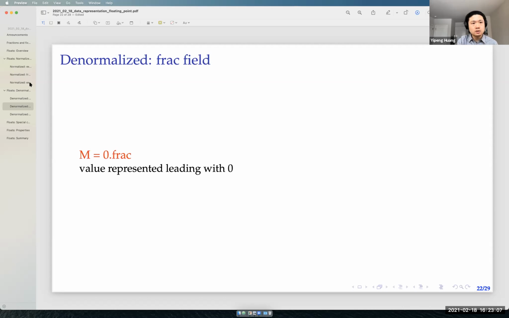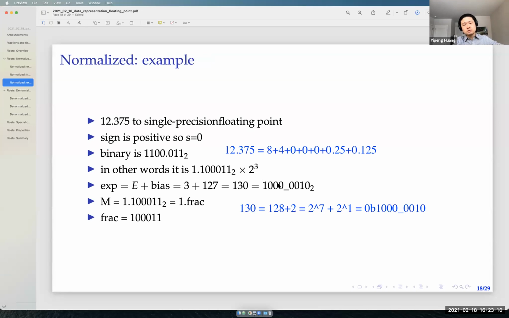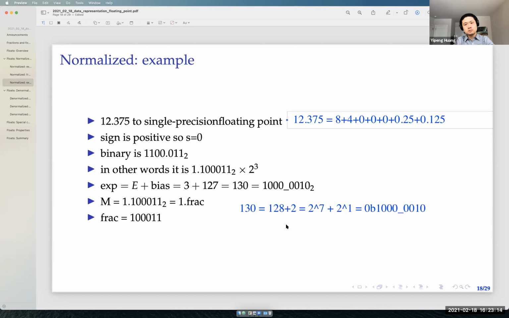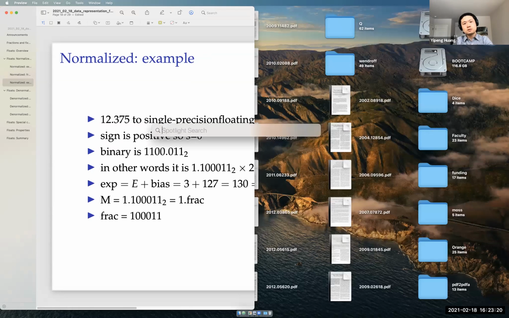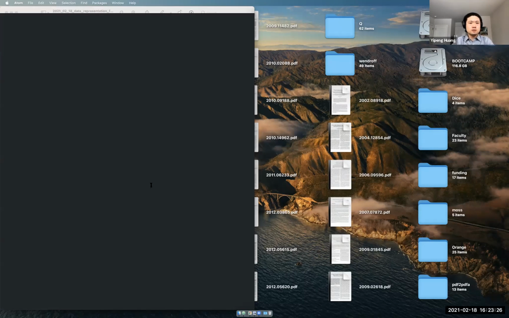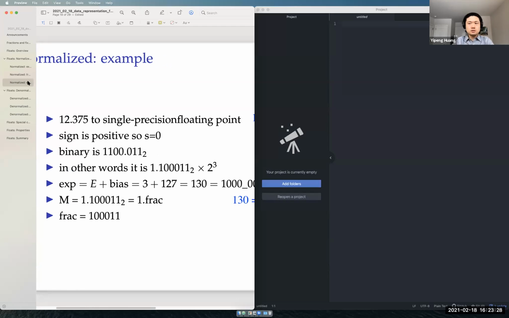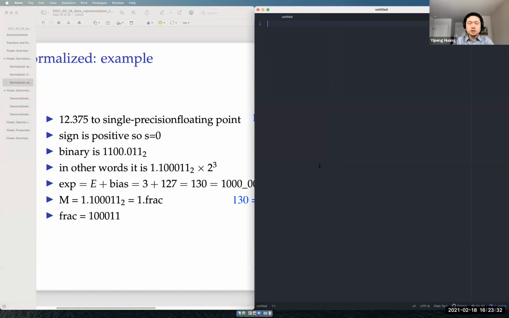The example Swapnil wants to work through is to convert the number 130 into a floating point representation.